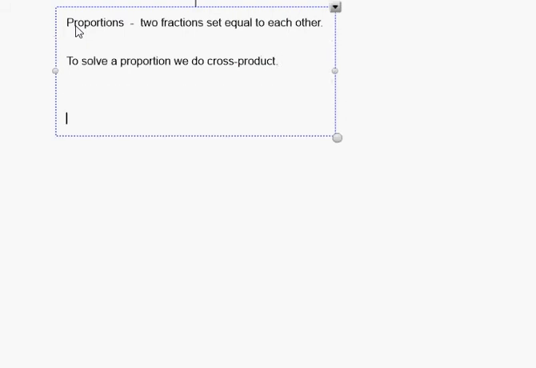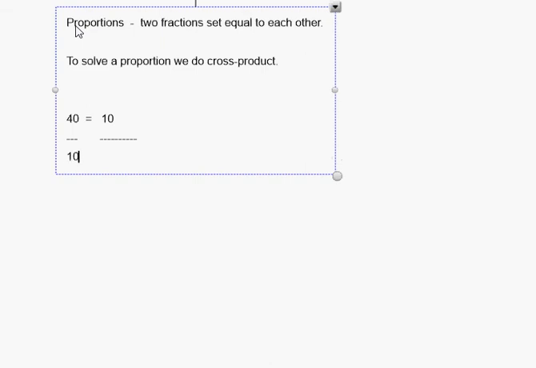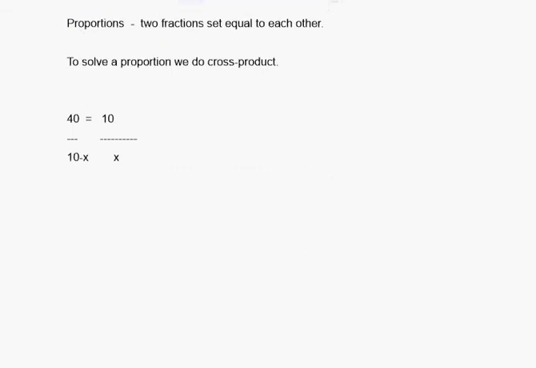For example, if we have 40 equals 10, and the 40 and the 10 both have denominators, the 40 has 10 minus x, and the 10 has x, we will do cross product, which means that the 40 gets multiplied times x, and the 10 gets multiplied by 10 minus x.